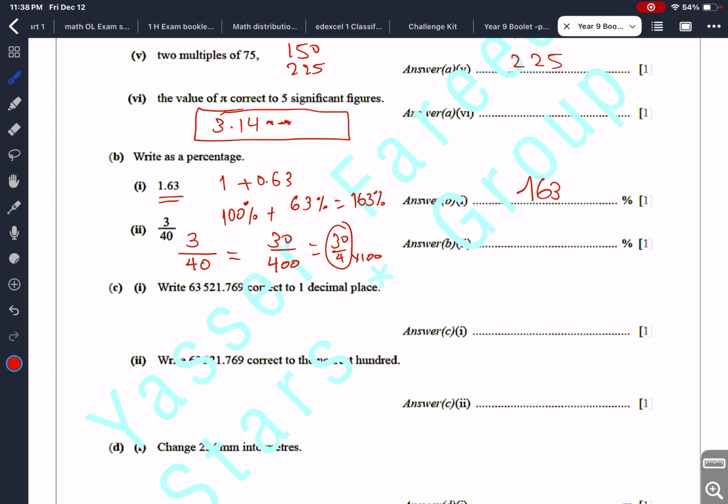I'm going to divide it. 30 divided by 4 will be 7. 28, subtract, will be 2. 2 divided by 4 is not possible, so decimal point. 20 divided by 4 is 5, so it will be 7.5 over 100, so you have 7.5%.